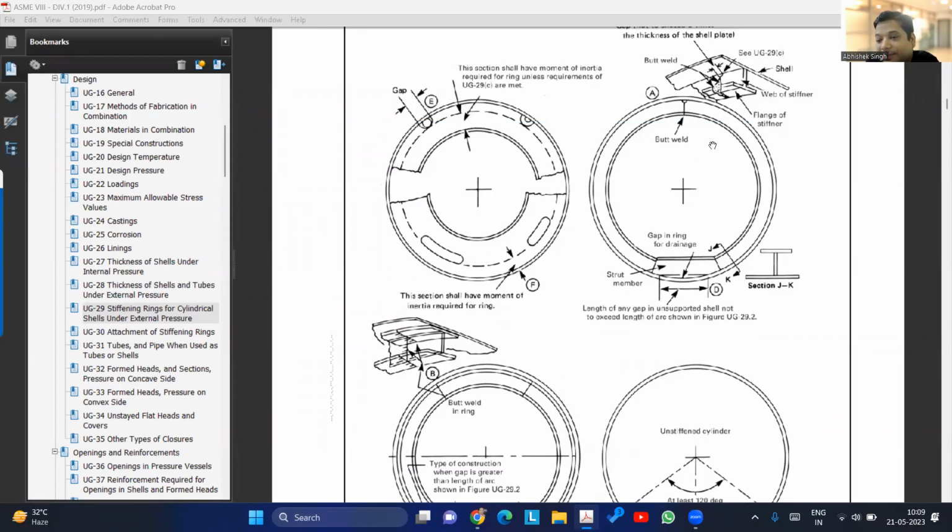But by baffle I'm not talking about heat exchangers. This is a simple tank. The baffles are welded inside the circumference. Yes, welded. So now you can consider that as a stiffening ring if it's already welded. For flow purpose or for process purpose, it may be a baffle, but for you, it is a stiffening ring. So you have to call it stiffening ring, not baffle.